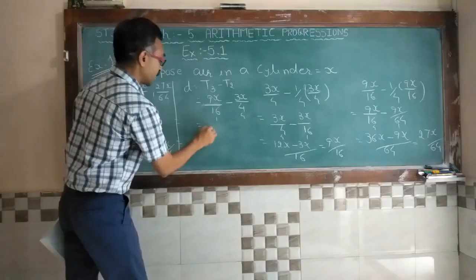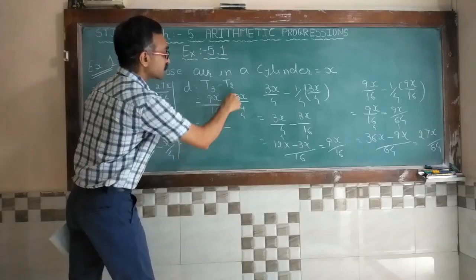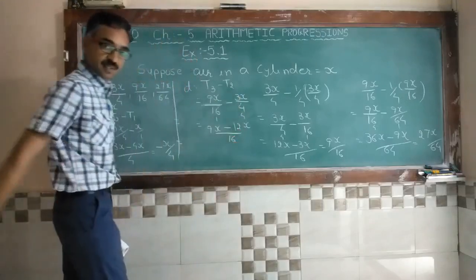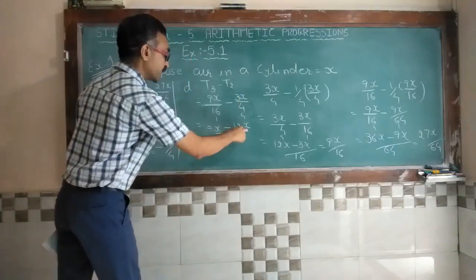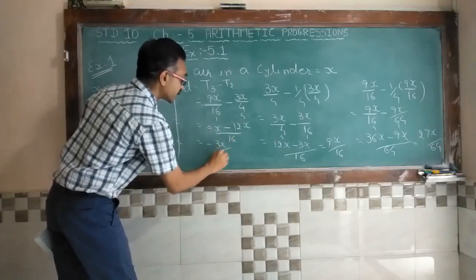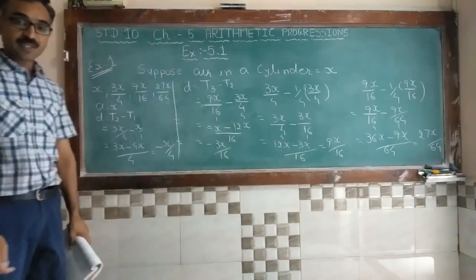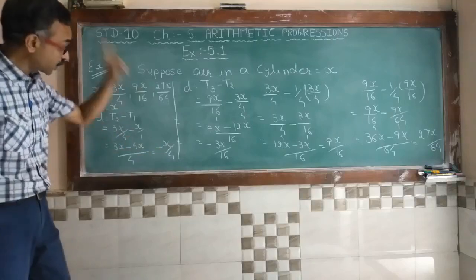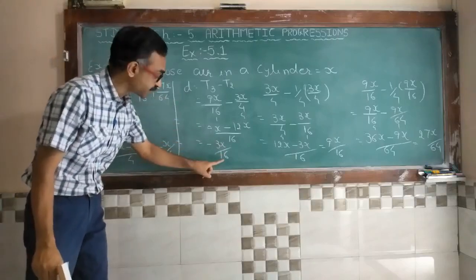So the answer is 9x minus 3 4s are 12x divided by 16. 9x minus 12x, that is minus 3x upon 16. Now see here. Here D is minus x by 4. Here D is minus 3x upon 16.